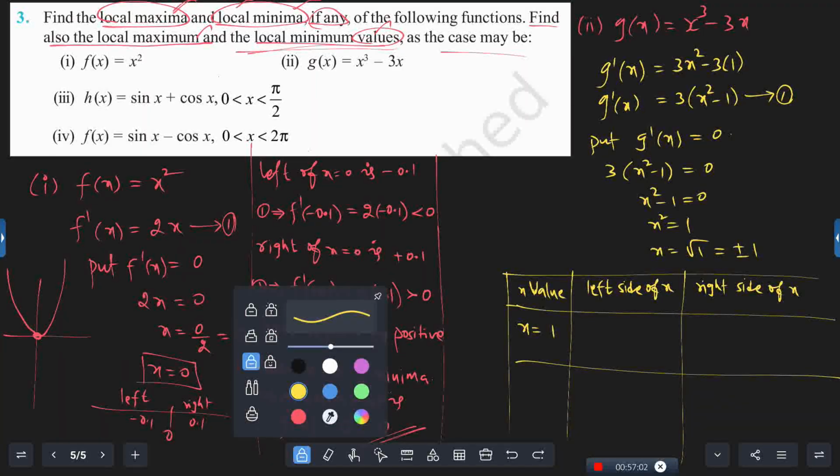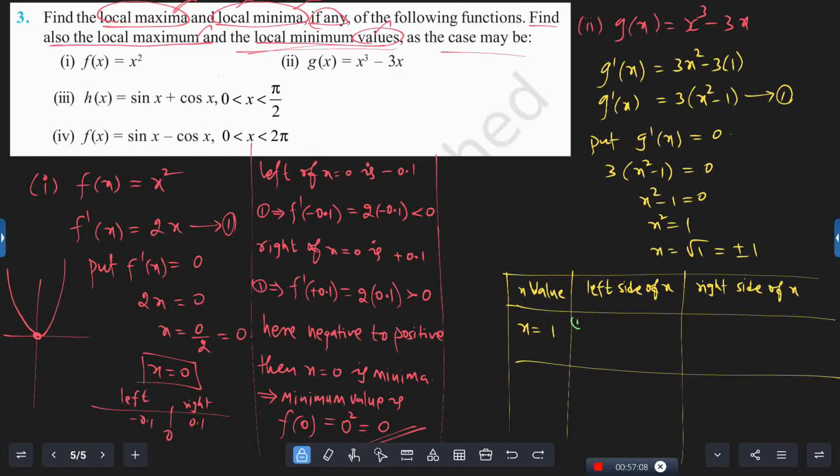Take the 1 and substitute in g dash of x. So for the left side of 1, what will we take? We will take 0.9. The left side of 1 can be 0.9.